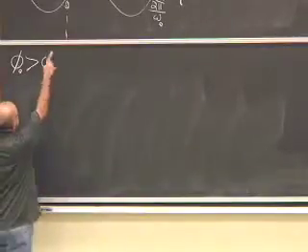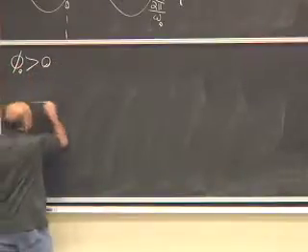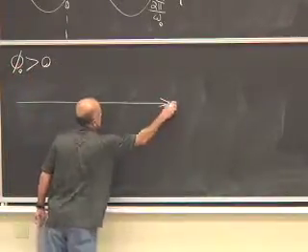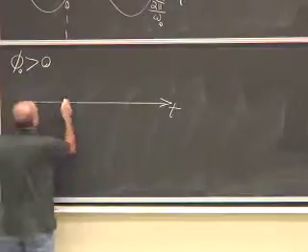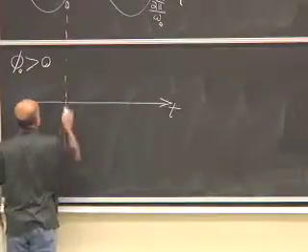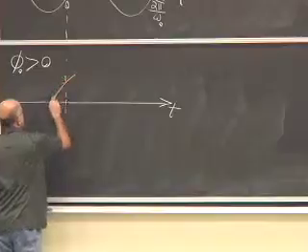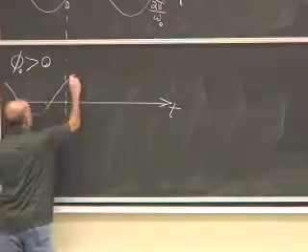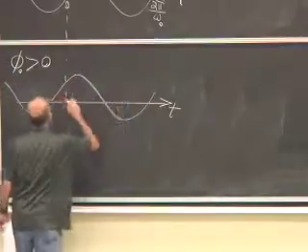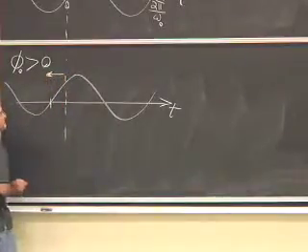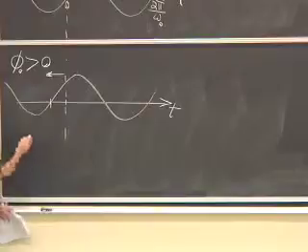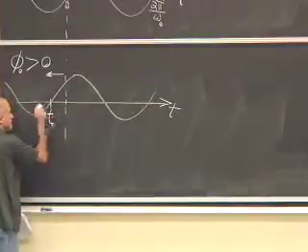Which way does this sine wave move? Left or right? Left. So here's the 0. Now my sine wave is going to be like this, and there's a shift to the left. I call that T naught.